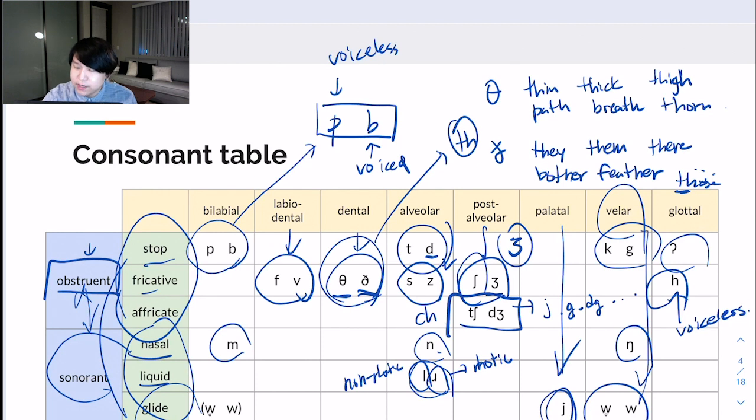Ya. So in English spelling, you usually use Y, as in yellow, yawn, yacht. Those words have this pronunciation. In the phonetic alphabet, you use j, which is actually called yod. Yod is the name of this consonant, but try not to get confused with its spelling Y. So it's a palatal glide.